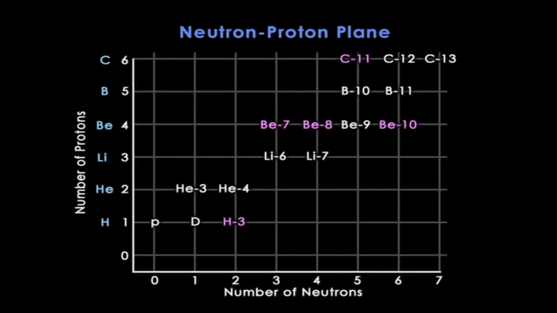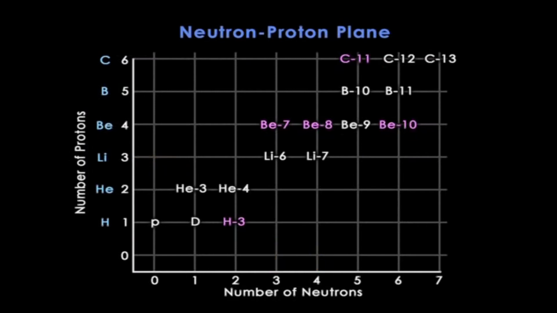So every nucleus can be placed on this graph. The unstable ones I've coloured purple. Now you'll notice that each element has several possible nuclei. For example, lithium, with 3 protons, has 2 versions, or isotopes, to use the proper word. Lithium-6 with 3 neutrons, and lithium-7 with 4 neutrons. Notice the number in the name refers to the total number of protons and neutrons.